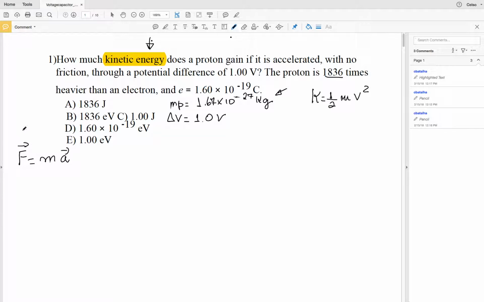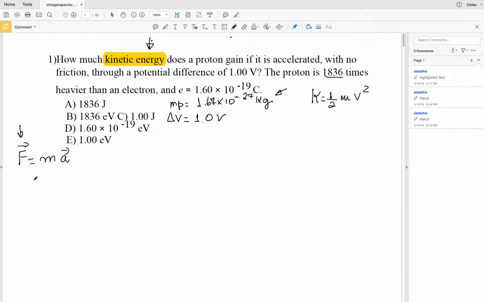Here F is not just one force, but the net force, which means if you add all possible forces acting on some particle, then the net force is proportional to the acceleration of that particle. And the proportionality is given by the mass of that particle.